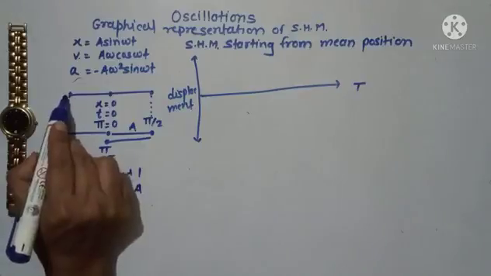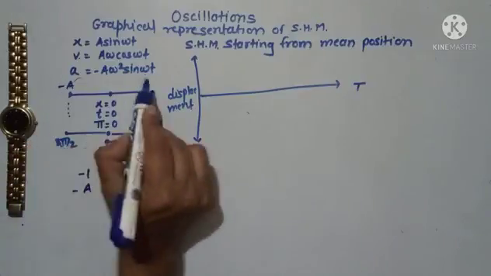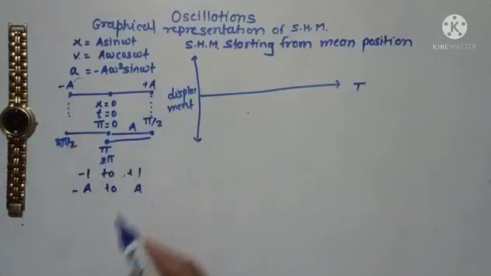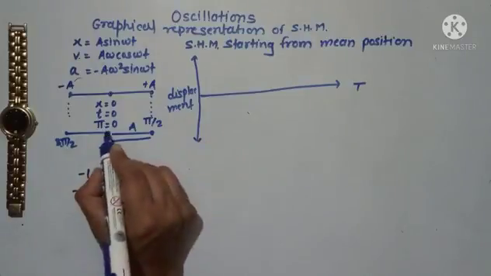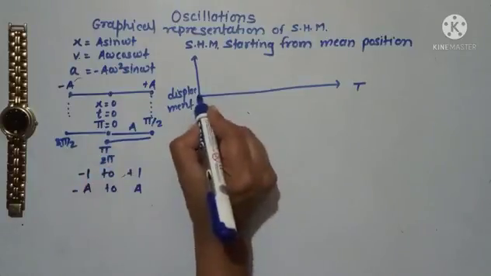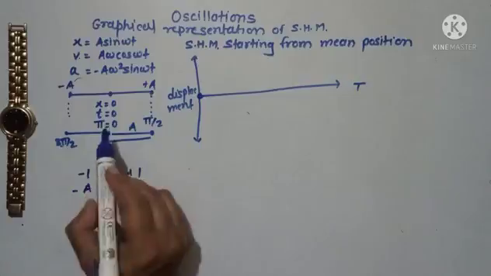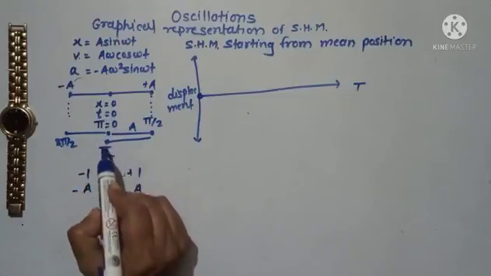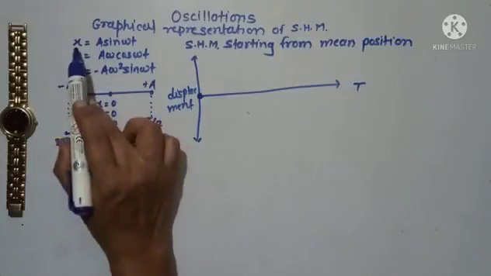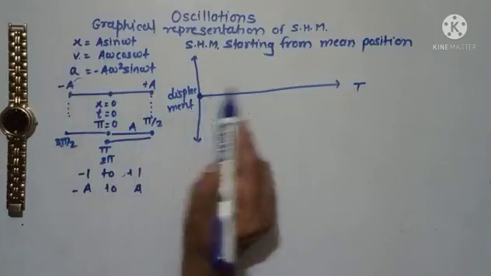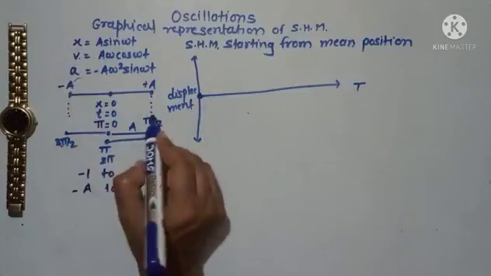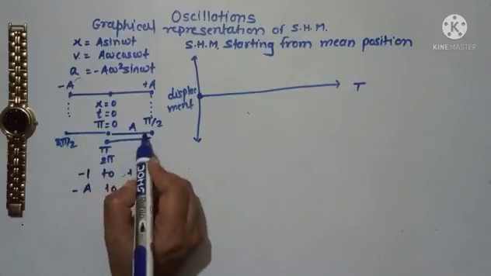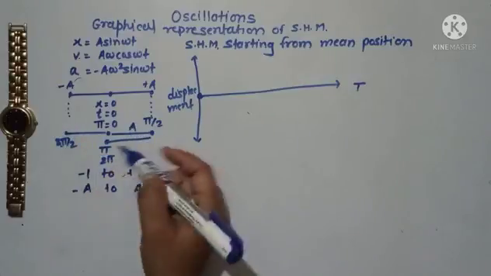Let us call this minus a and this plus a. When the particle is at the initial position, x is equal to 0 and t is equal to 0, so phase is equal to 0, and x is equal to 0.